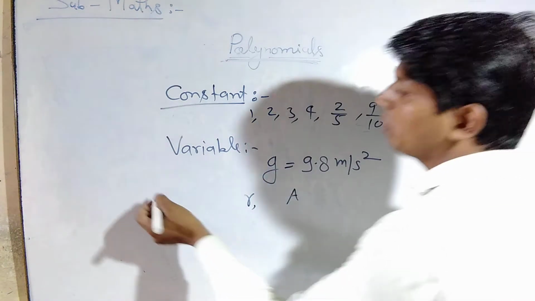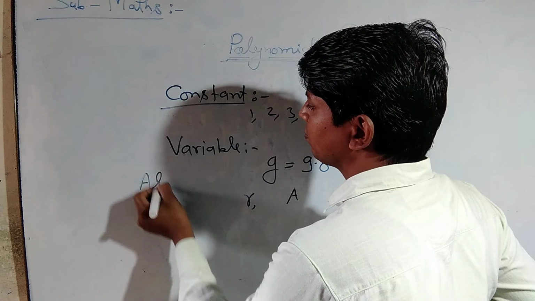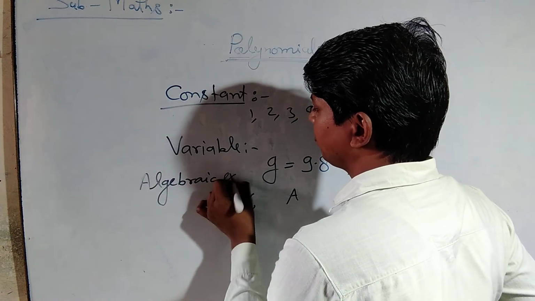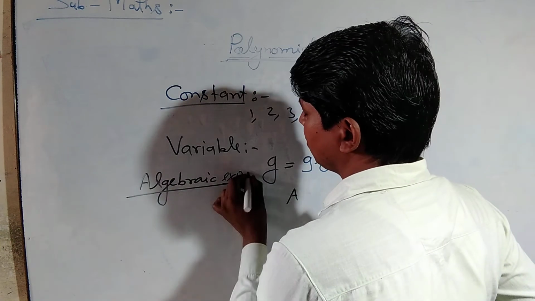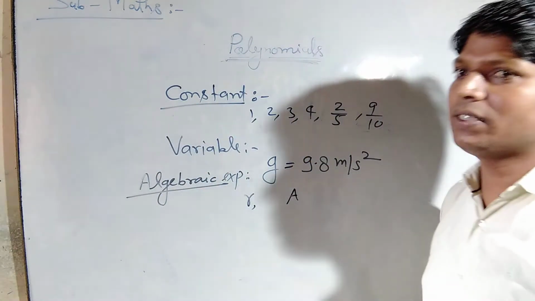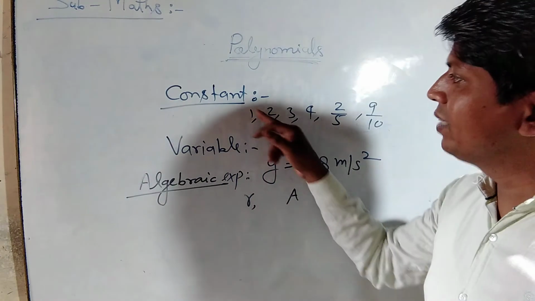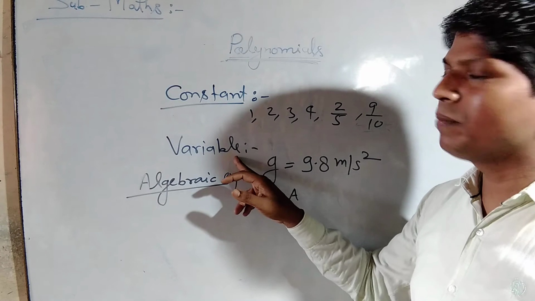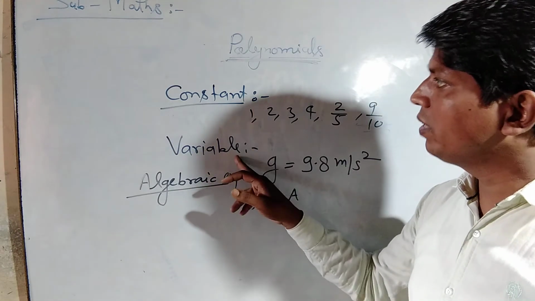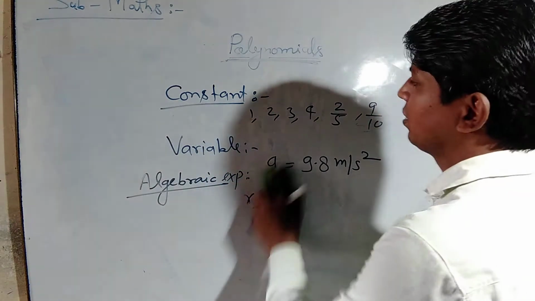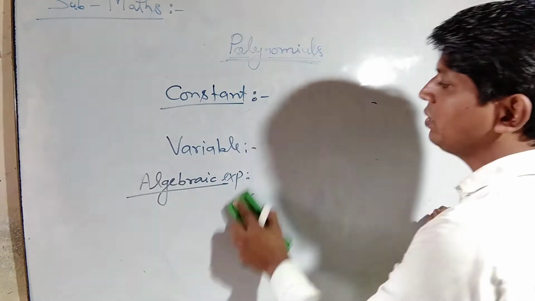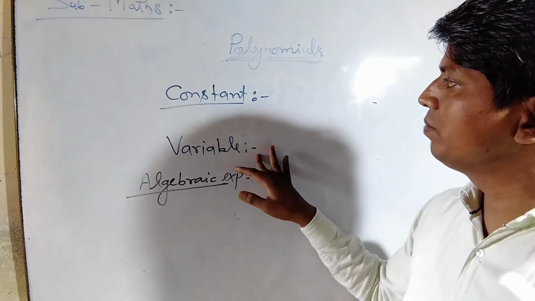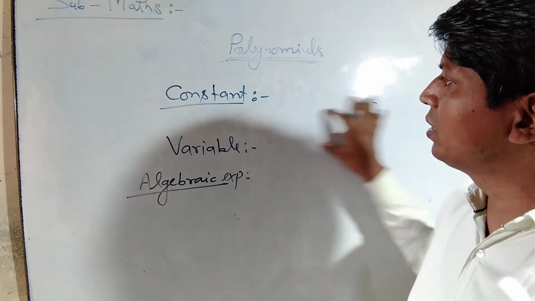Now going to algebraic expression. The combination of constant and variable with mathematical operator is called an algebraic expression.